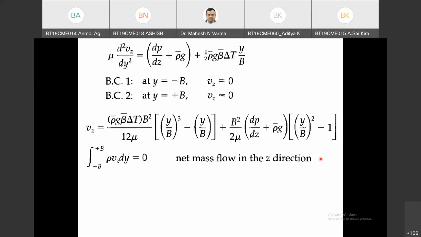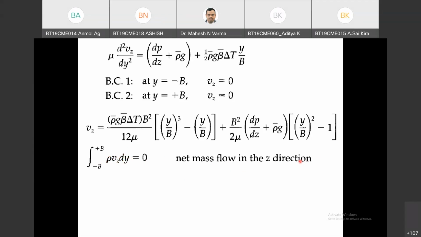Even if you consider that width or neglect it, that doesn't matter. Velocity multiplied by cross sectional area will be dy into w, width. Width is constant. So this will be volumetric flow rate multiplied by density, which is the net mass flow rate in z direction per unit width.